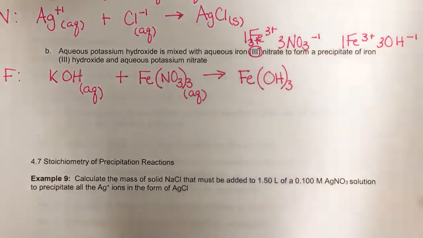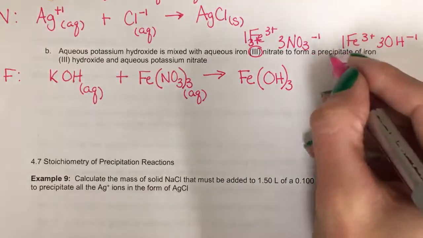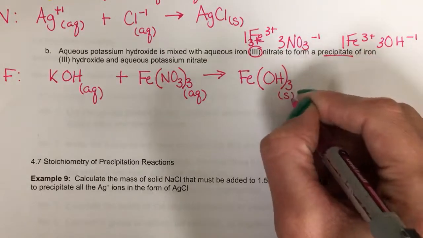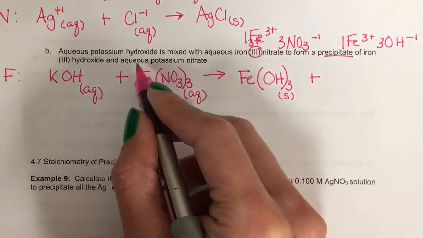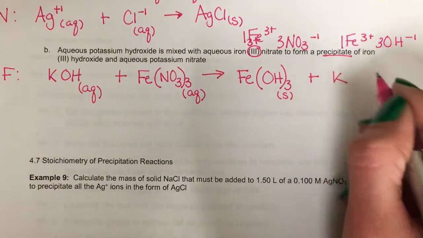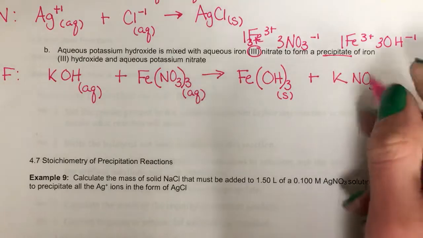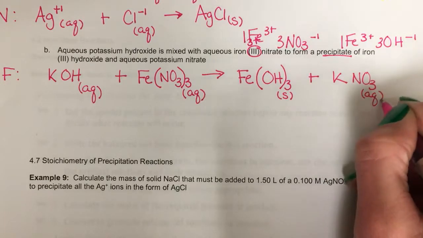Don't forget your parentheses. OH is still a polyatomic ion. It is going to be my precipitate, so it's my solid, plus aqueous potassium nitrate. Potassium's a +1, nitrate's a -1, so they just squish together and they're aqueous.